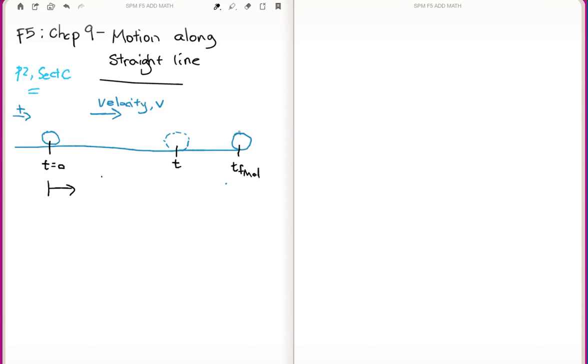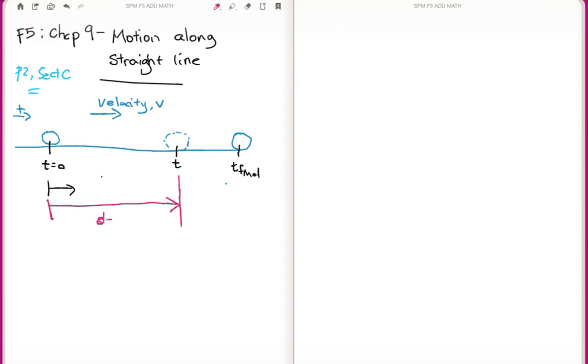What is important is, in this chapter, they will normally ask you at time t, how far it is from the origin. It's always the case. What's the distance from here to here, from the origin? After a certain number of seconds later, what's your S?